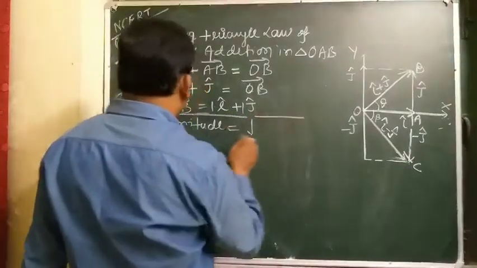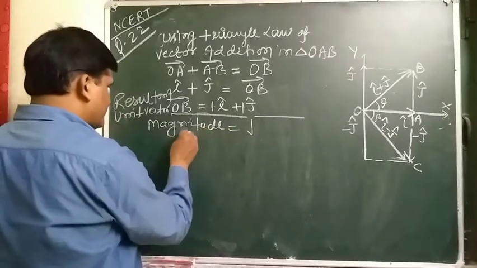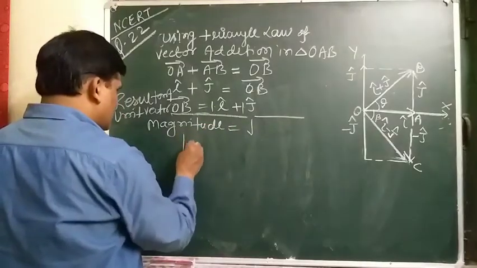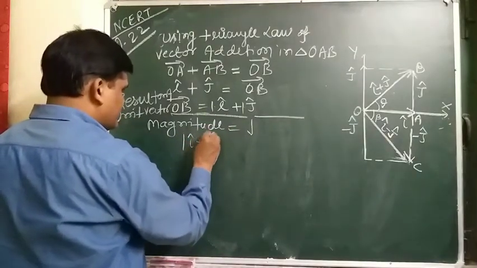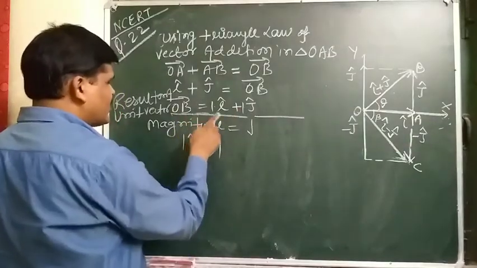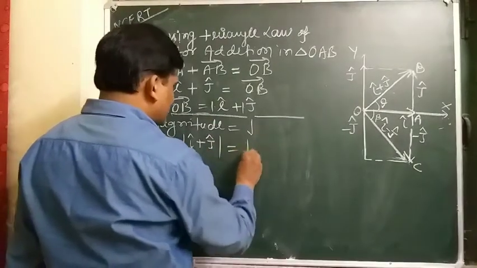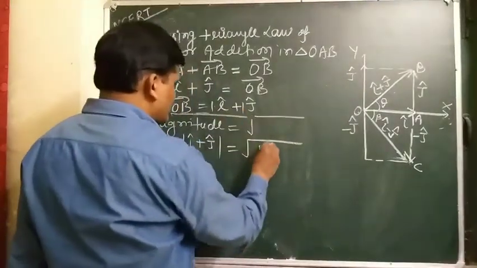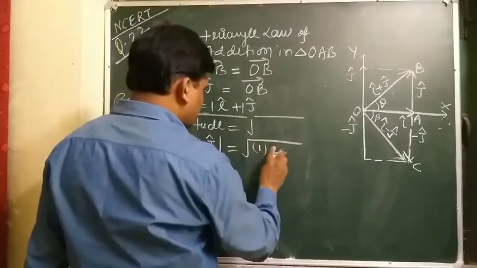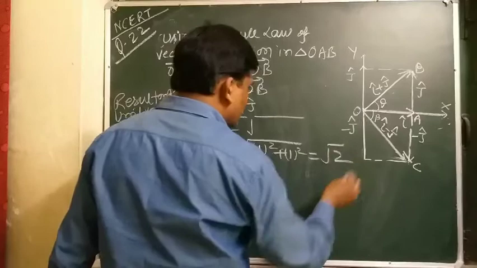So the magnitude of i cap plus j cap, OP vector, and its magnitude, that is OB vector, which is i cap plus j cap unit vector, and its magnitude is 1 square plus 1 square. So that is root 2.